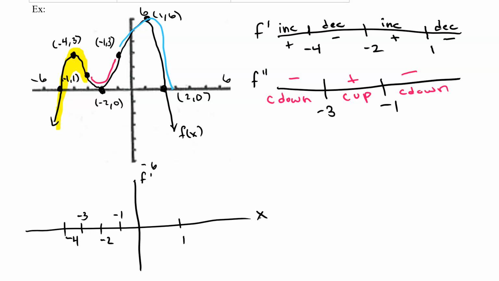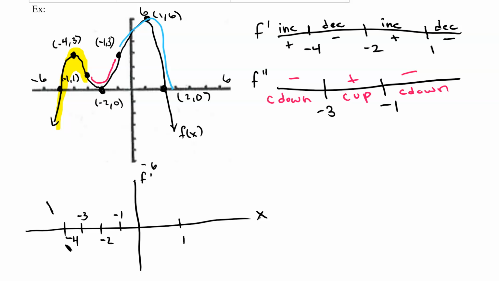So we know that we have a positive derivative to the left of -4. So we should be up top to the left of -4. And then we have a negative first derivative between -4 and -2. So we should be down here somewhere.